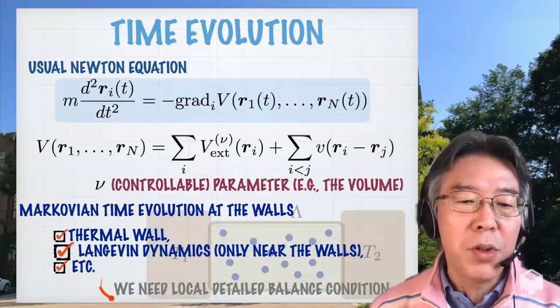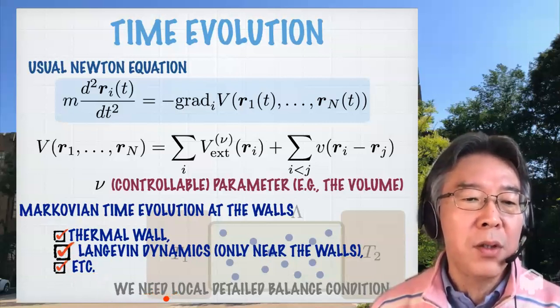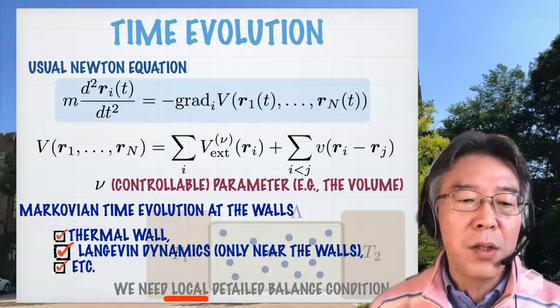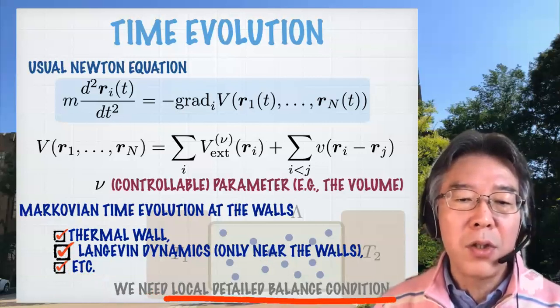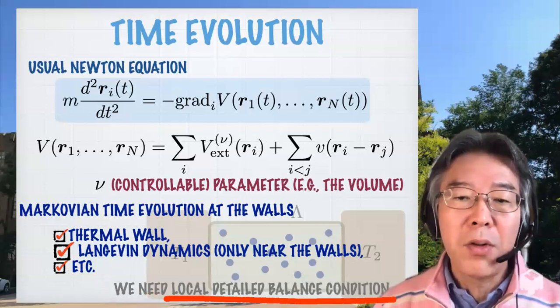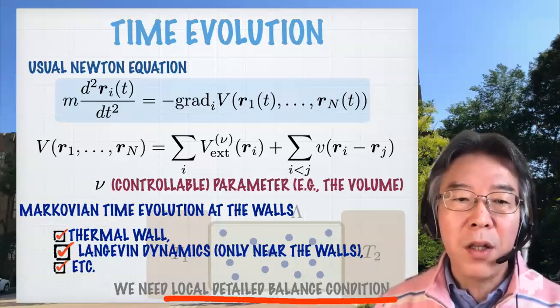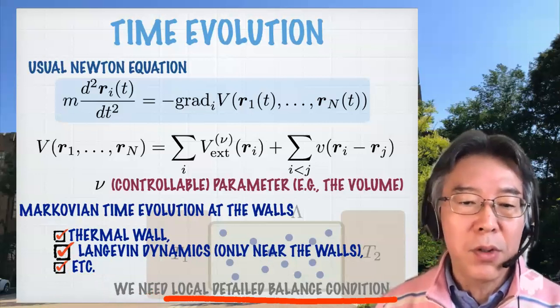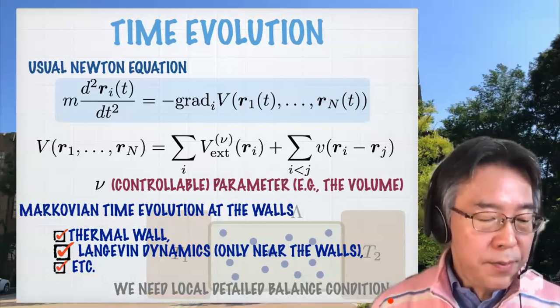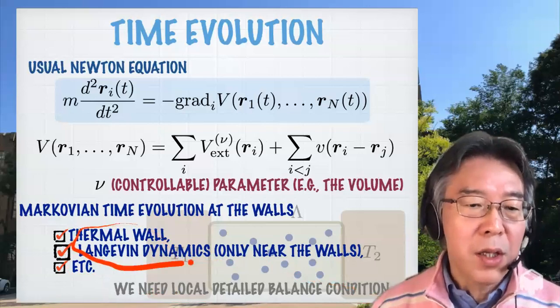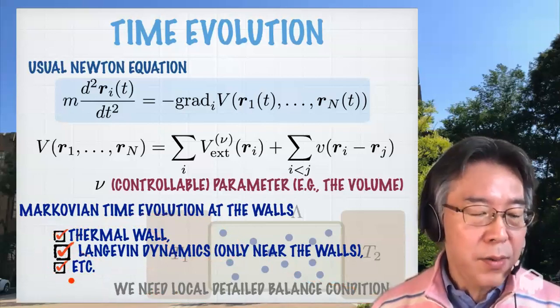The only assumption we need is that this Markovian time evolution satisfies a local detail balance condition. This is a very standard terminology in non-equilibrium statistical mechanics, so you can find it in any reviews or many papers. All of this satisfies the local detail balance condition.